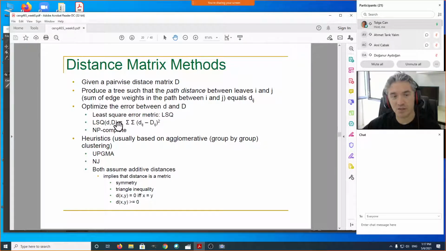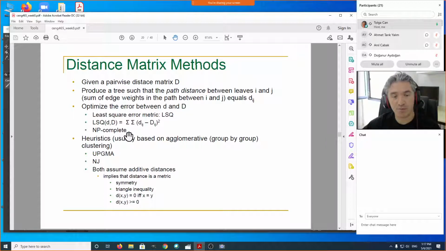So usually this is called least squares error. The deviation between our edge weight tree paths in the constructed tree and the one in the input matrix, you take the square of the difference, you sum them up over all x,y, and that's our least squares error or least squares deviation from the input.